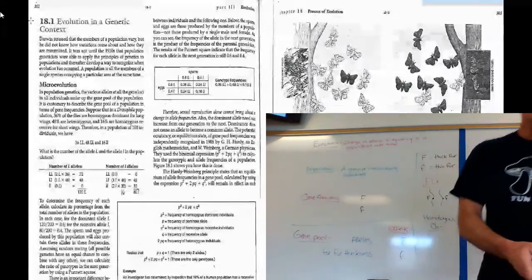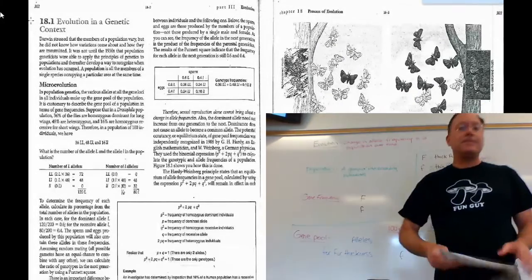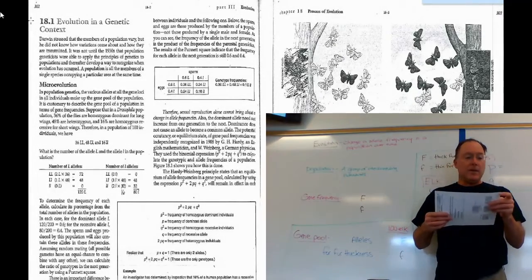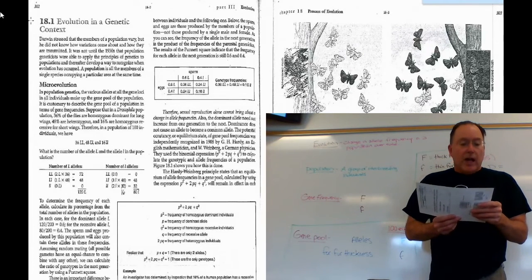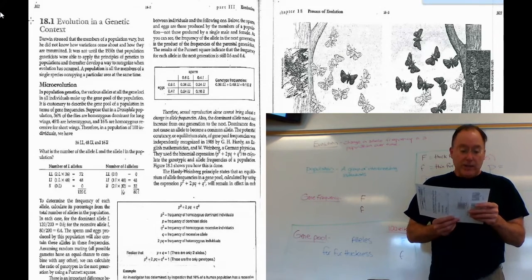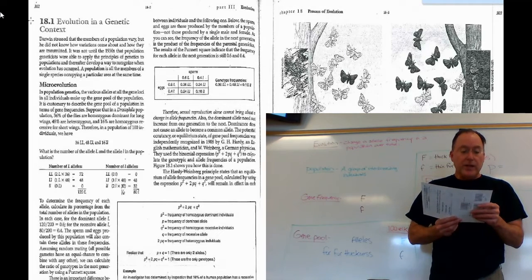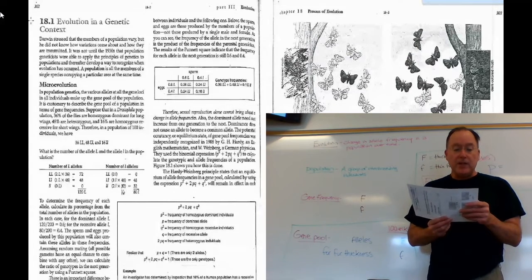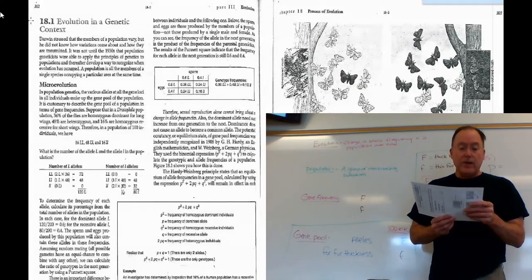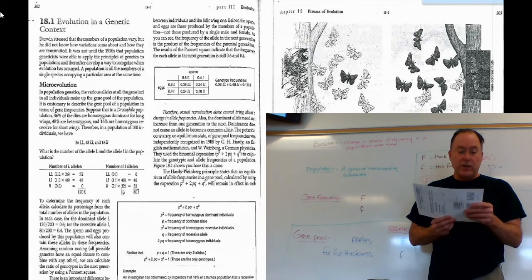So let's go to this piece of paper. We're going to start in the upper left corner. It says, Darwin stressed that the members of a population vary, but he did not know how variations come about and how they are transmitted. It was not until the 1930s that population geneticists were able to apply the principles of genetics to populations and therefore develop a way to recognize when evolution has occurred.